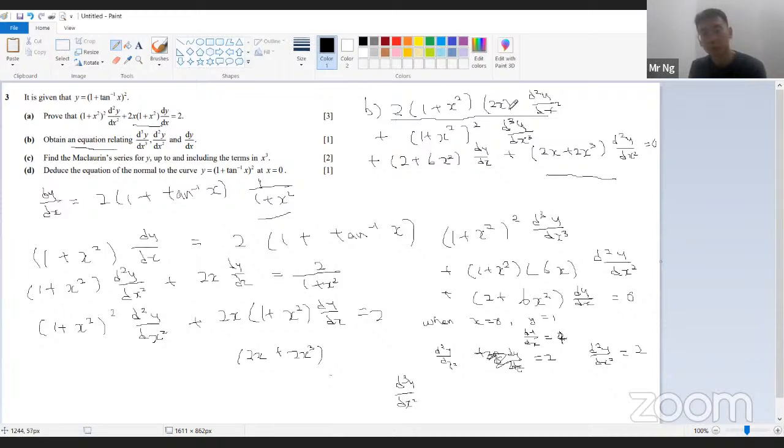Just subtracting. Here 0, good, done. Here 1, then here 2. 2 dy dx is 4. Then here 0. So equals minus 8.